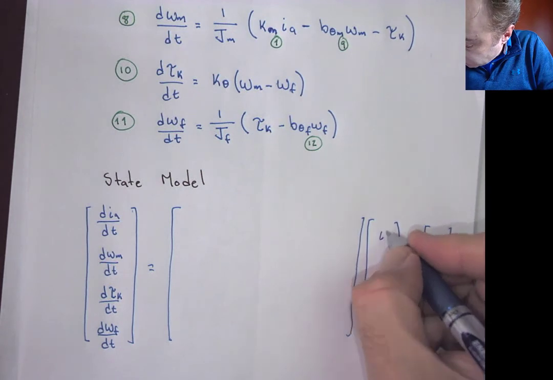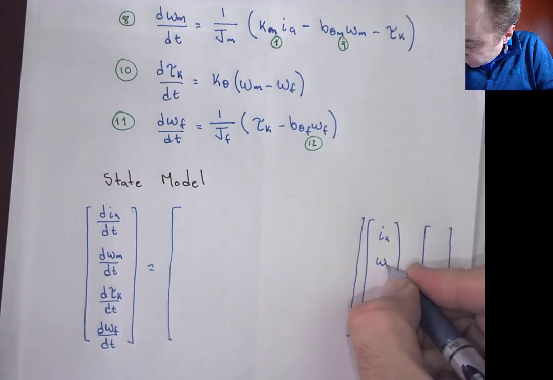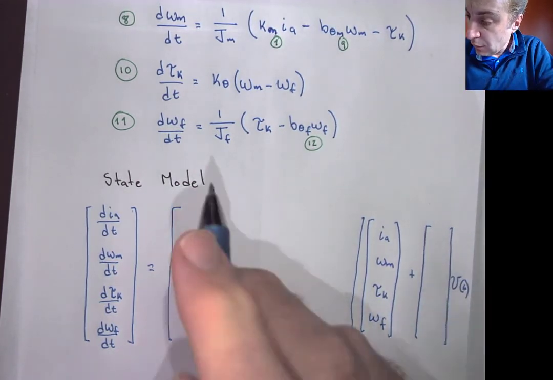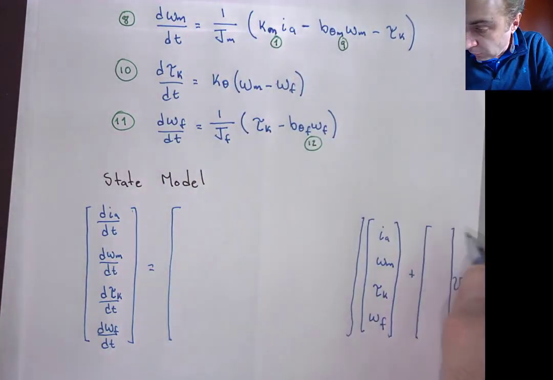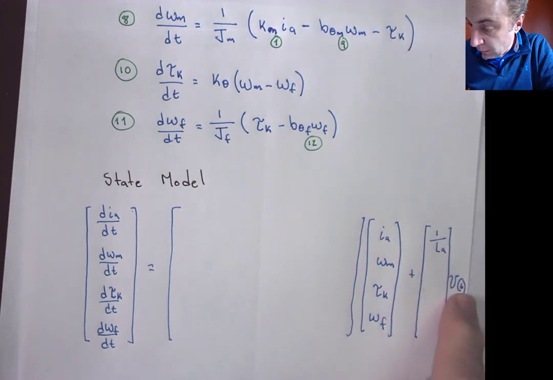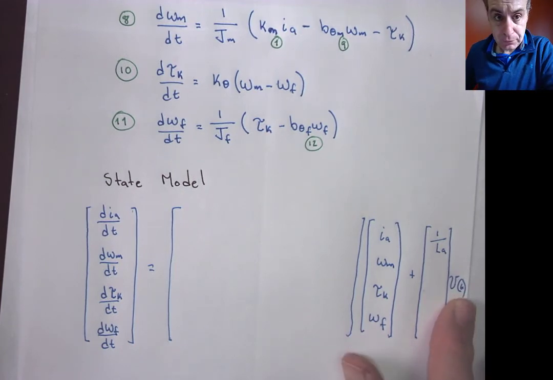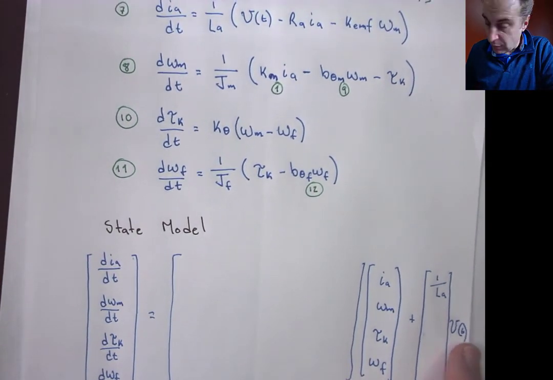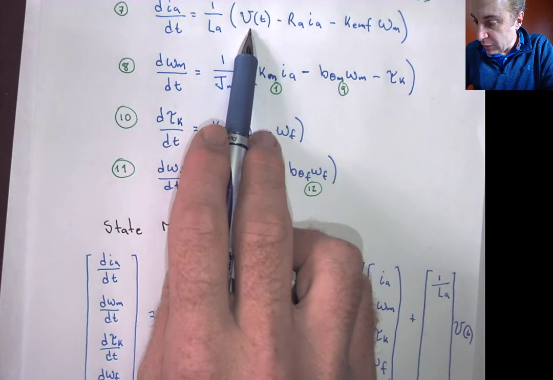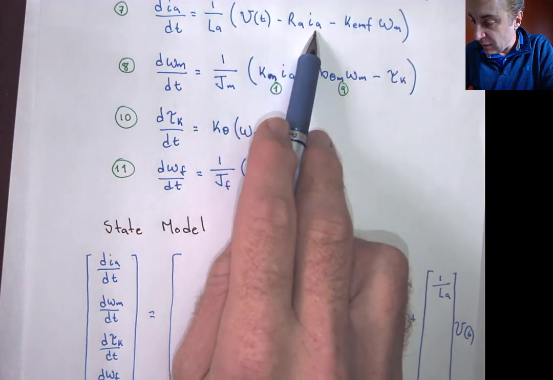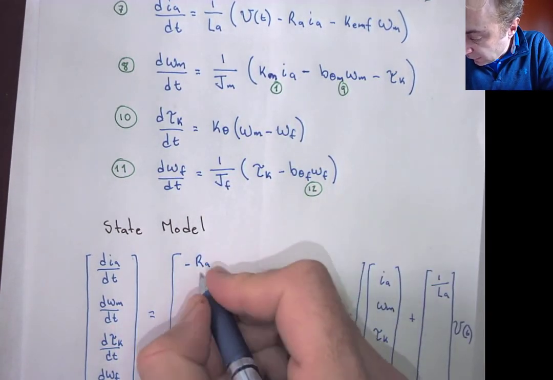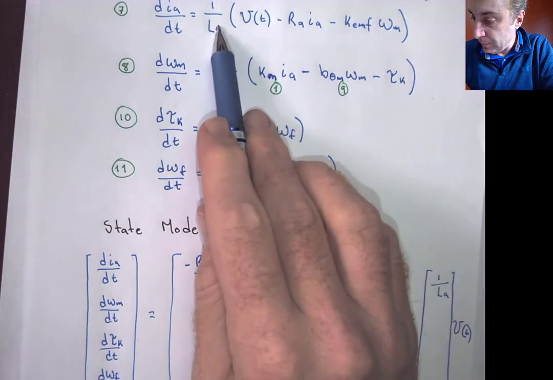I should also write the state vector. So the first state equation is going to be 1 over L_A that multiplies the input voltage, and then we have minus R_A times I_A, so it's going to be minus R_A divided by L_A, right?